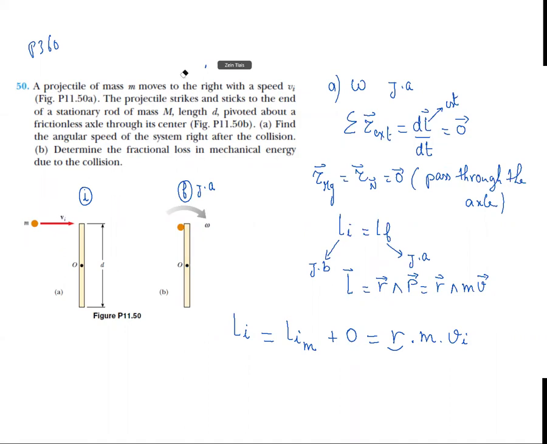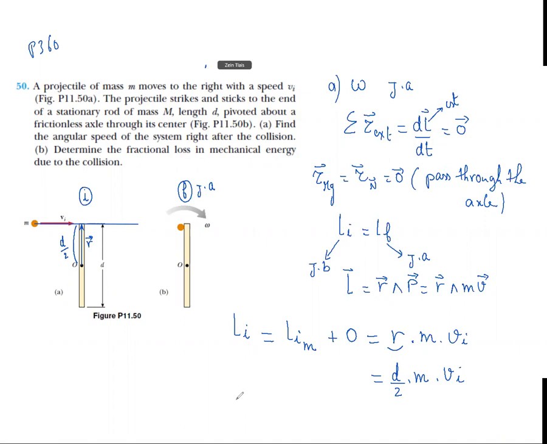Here we have the velocity; we have to elongate the velocity, and here we have the projection from the axle to the velocity. This one is R, which has a length equal to d divided by 2. So we can write d divided by 2 times m times v initial. This is the magnitude of L initial.